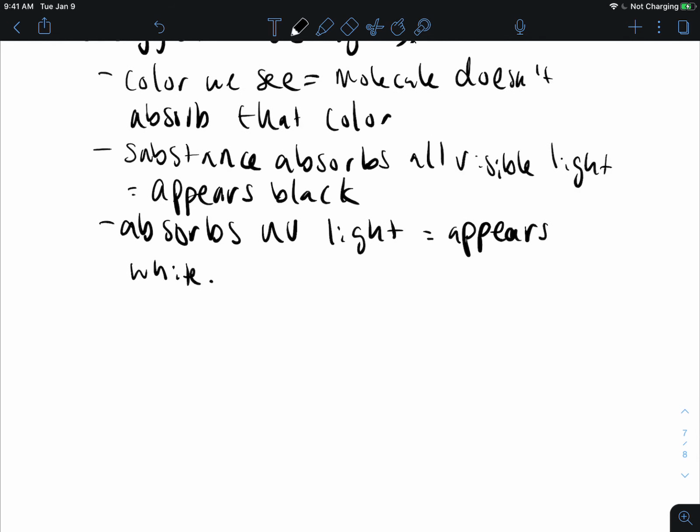Okay, let's look at our MO diagrams for period 2 diatomics.